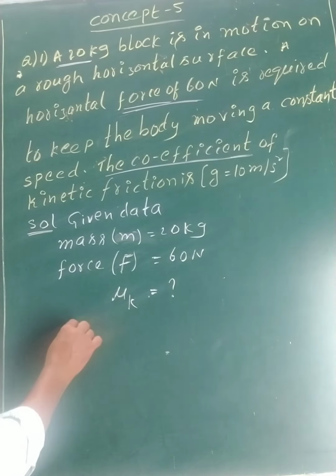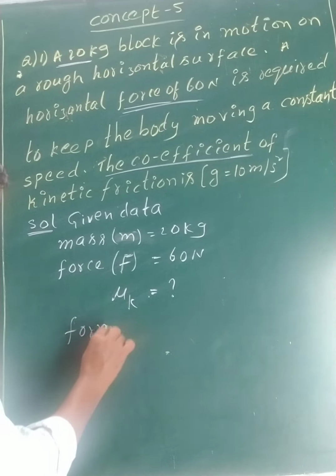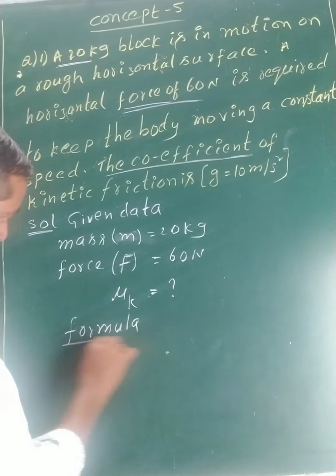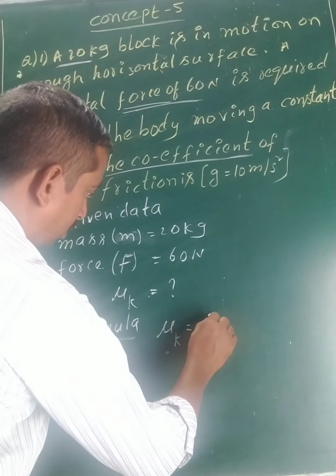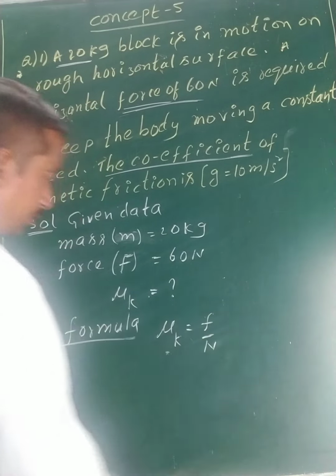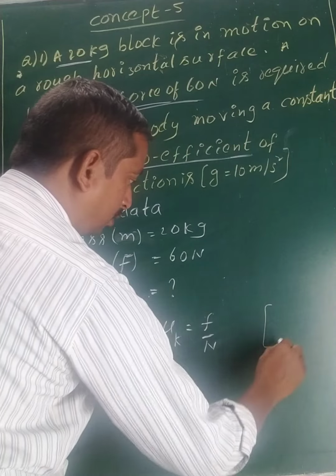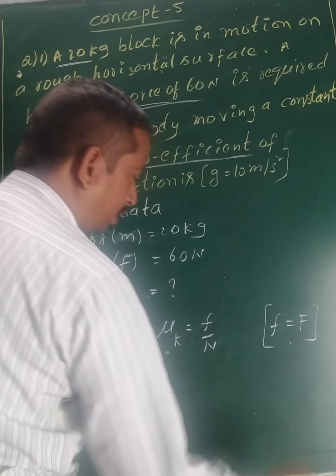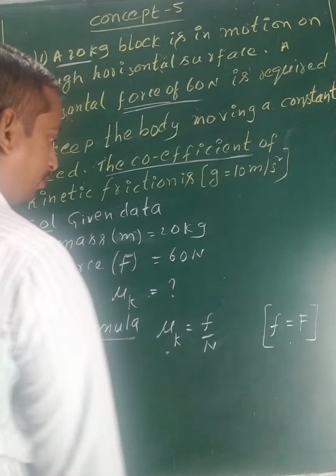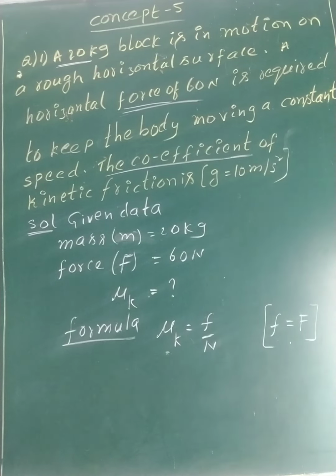Now, formula. Mu k is equal to F by N. From Newton's third law, how much force is applied on a body, that much frictional force arises.